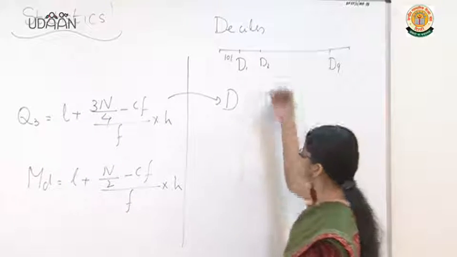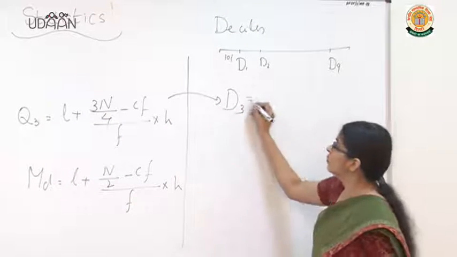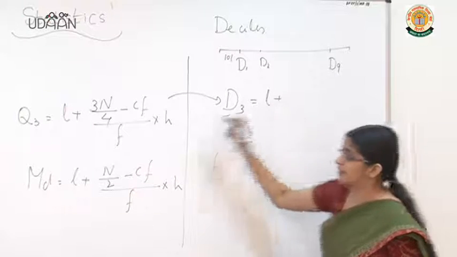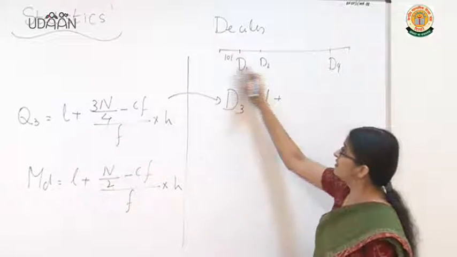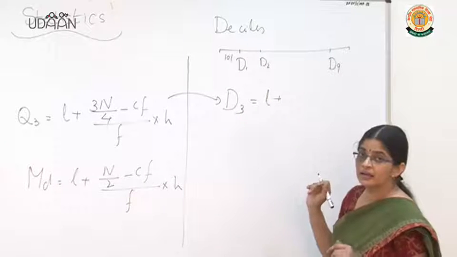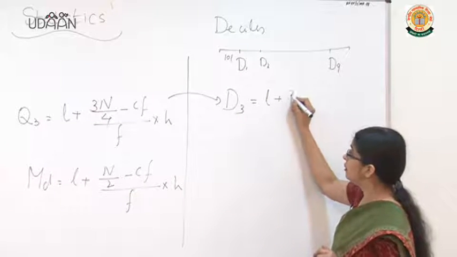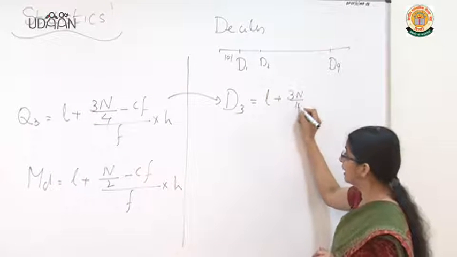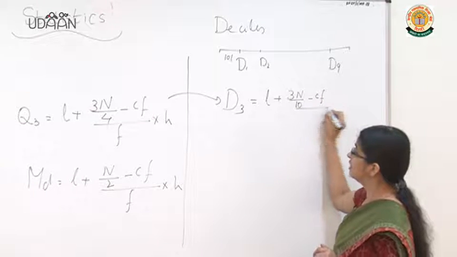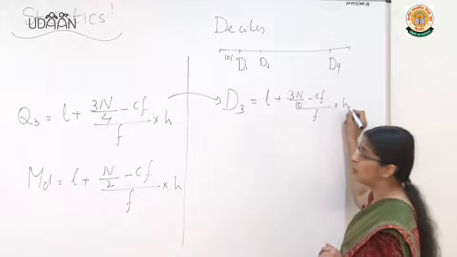I am writing the general one. Let's say D3. What will D3 be? L plus. Similarly, D3 के left side कितने percent observations हैं? 30%. So, it will be 3n divided by 10 minus Cf divided by f into h.